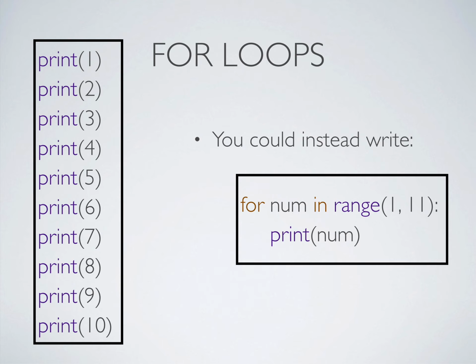But the takeaway from this slide is that these two pieces of code, this one with all those print statements that we talked about before, and this other piece of code that is just 2 lines long, they both essentially display the same thing. They will both display the numbers 1 through 10, 1 on each line on the screen. So again, for all the reasons that I mentioned before, the code that is only 2 lines long is much better code.